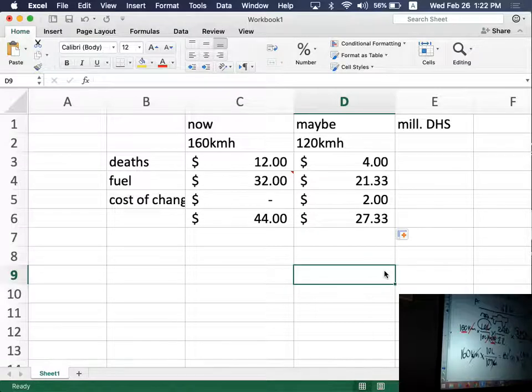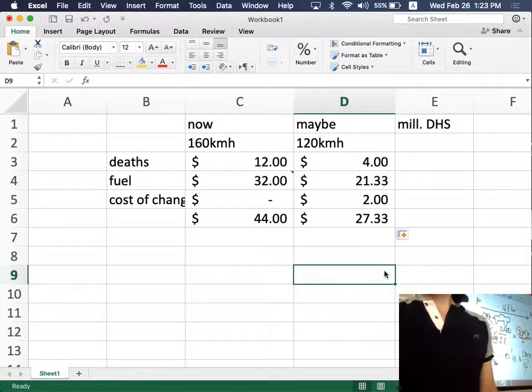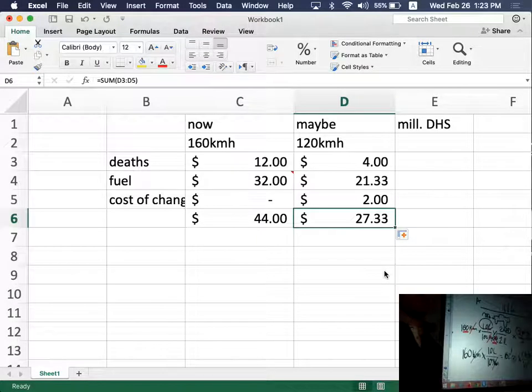So 2 million passengers, and one car can hold 2 passengers, so it's going to be 1 million trips. So these 32 dirhams multiplied by 1 million trips. Sounds good? Okay, good. So this is what we got, more or less.